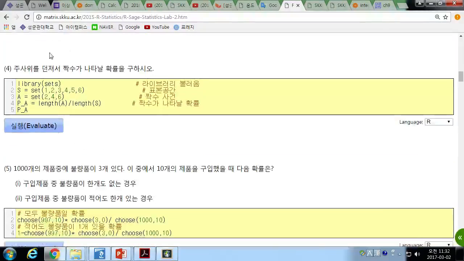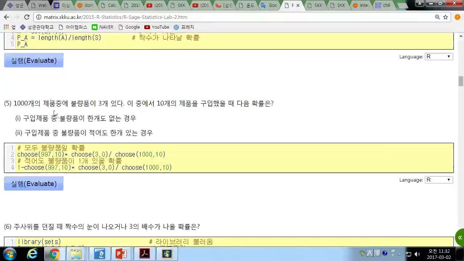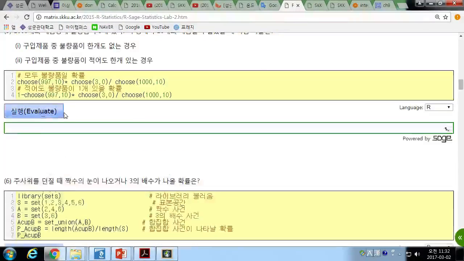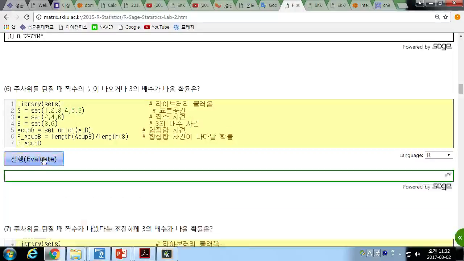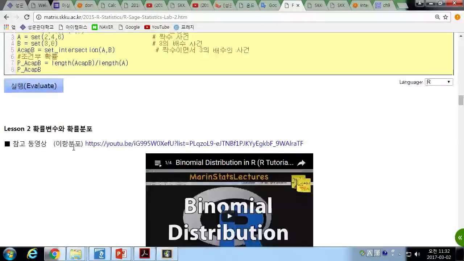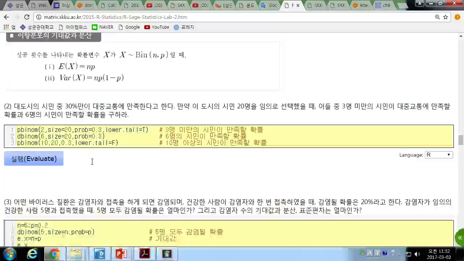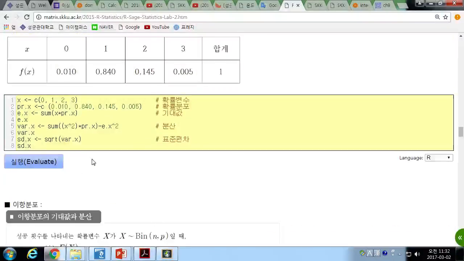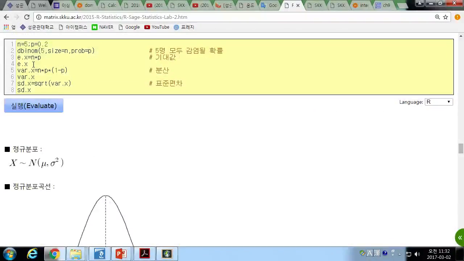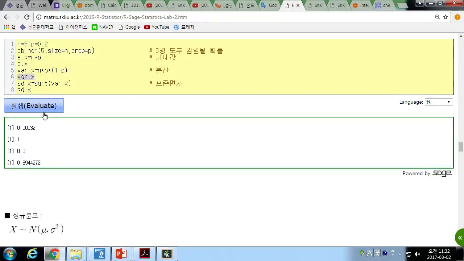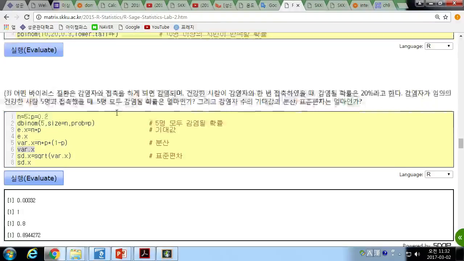You can check the probability, and you can find the variance or standard deviations from the given data, or you can even call the data.